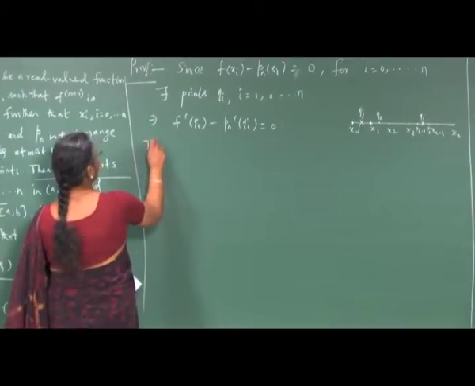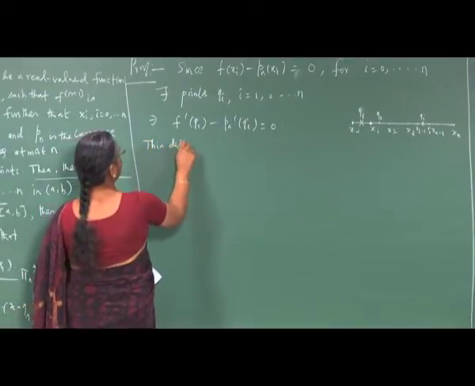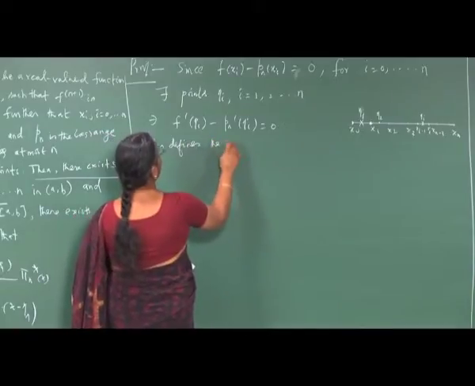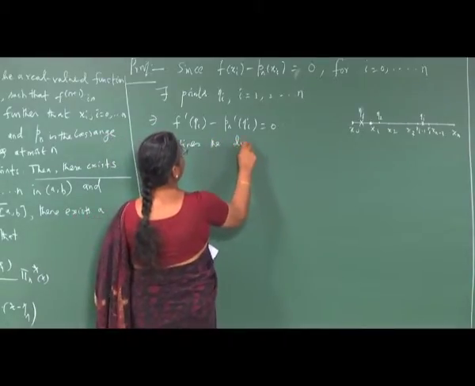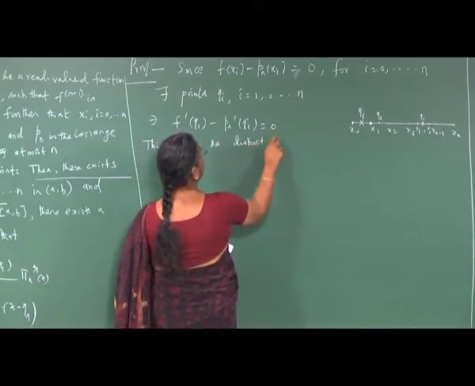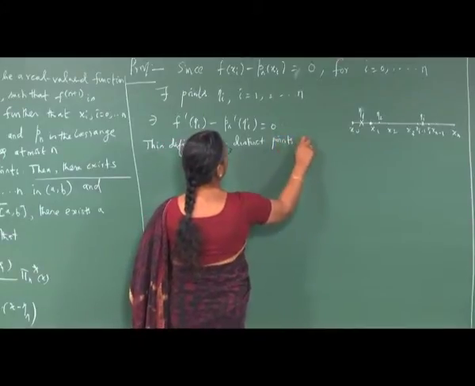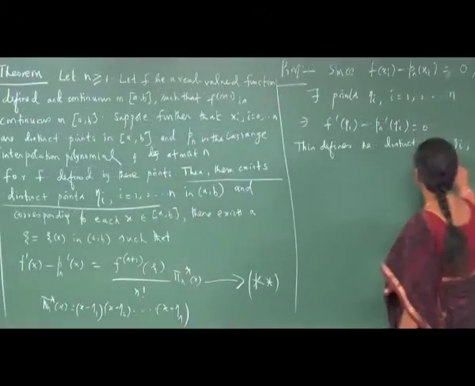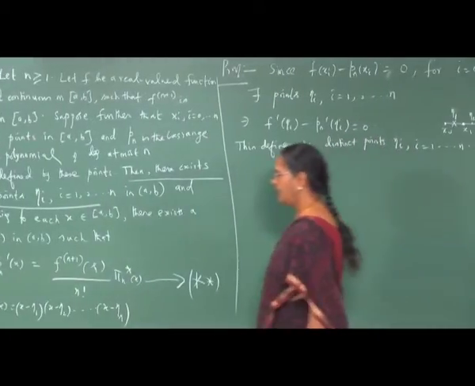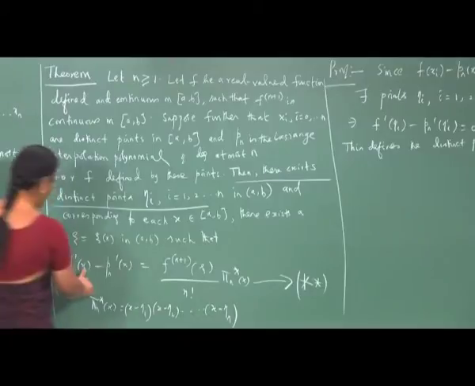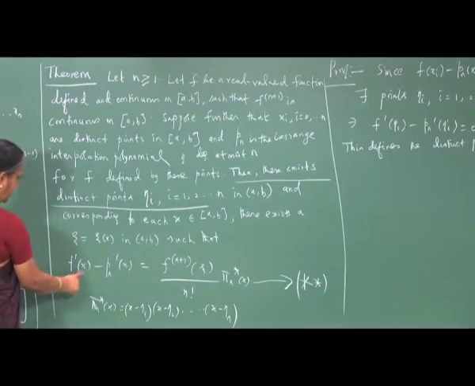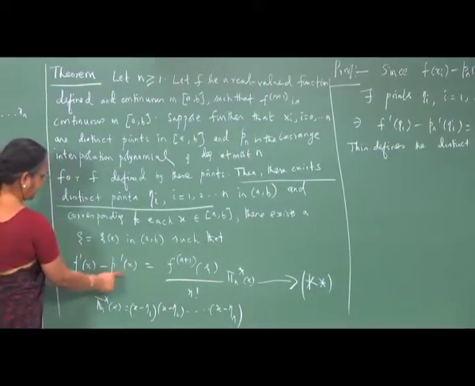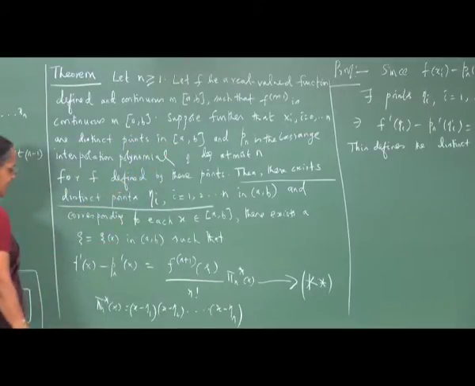So, this defines the distinct points eta i for i equal to 1 to n. What happens at x equal to eta i? When x is equal to eta i, f dashed of eta i minus Pn dashed of eta i, just now we showed that it is 0.